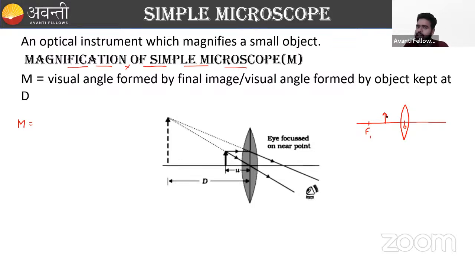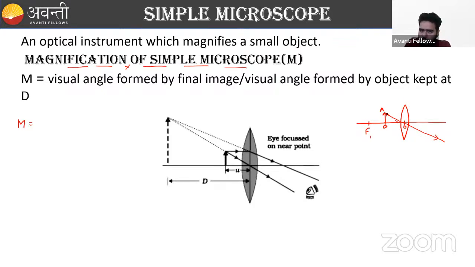But whenever the object is placed between the first focus and optical center, what will happen, guys? In order to draw the image, we must choose any two rays. If we pass one ray through the optical center, it passes without any deviation.